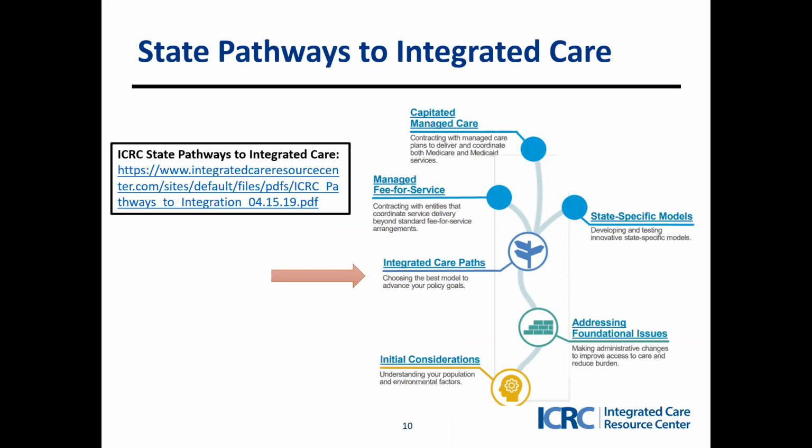Then the next step of addressing foundational issues such as how to leverage Medicare data to improve integration, or executing Part A buy-in agreements, to the final step here of choosing which is the best integrated care model to fit your state and advances your policy goals. And you have a few options here. So we have capitated managed care, managed fee-for-service, and state-specific models. Next slide, please.